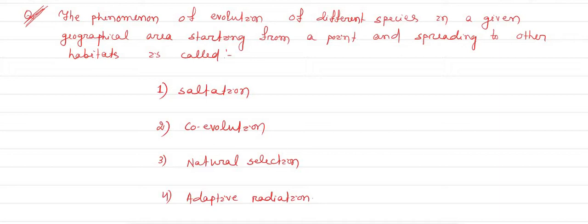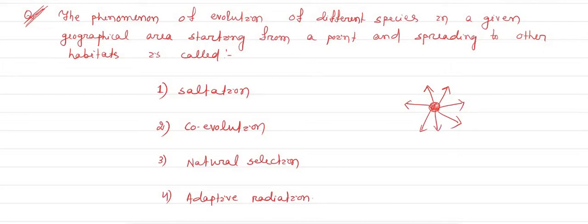That means the evolution of a certain species happens in a particular area, and after some time they spread to different habitats which are located in different directions.